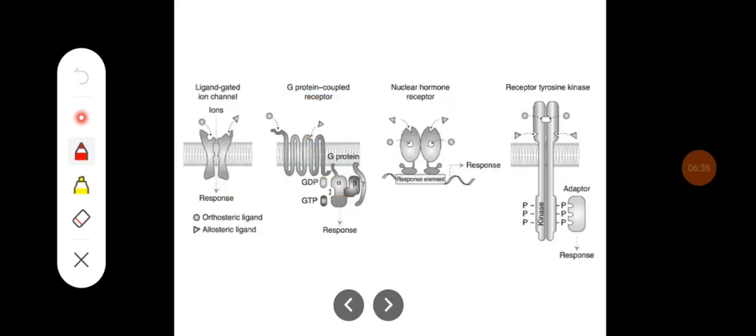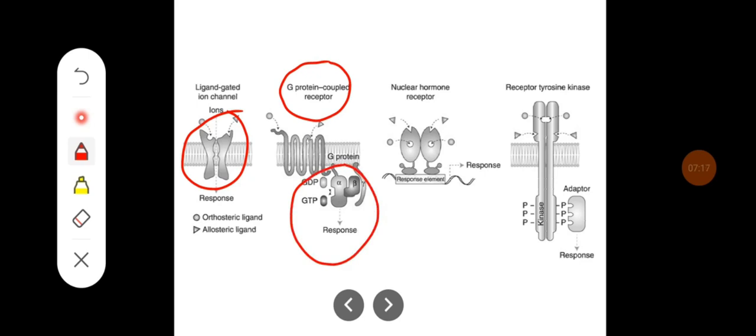So these are the examples of the mechanisms. This is an example of a ligand gated ion channel. Ultimately the specific ligand binds to the receptor, and by transporting this particular ion, it gives the response. Then the G protein coupled receptors are the transmembrane proteins. By activating the secondary messengers, they give their response.